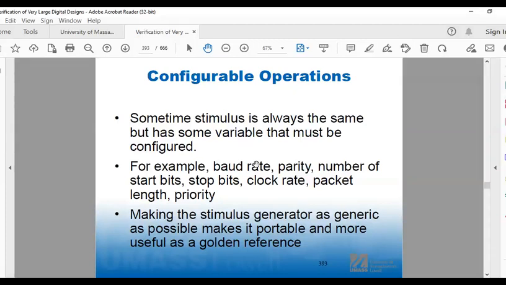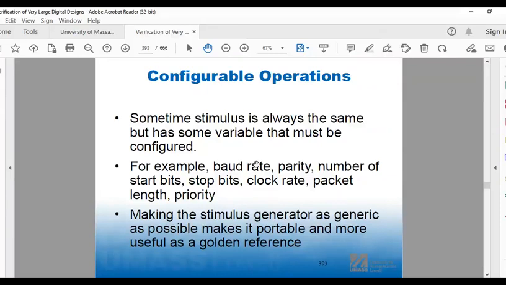Let's say I wanted to build a network packet generator, and it had a configuration that was Ethernet, and a configuration that was Wi-Fi, obviously after the receiver, and a configuration that was something that doesn't exist, token ring, right? So I'd have one bus functional model that I could configure in different ways.